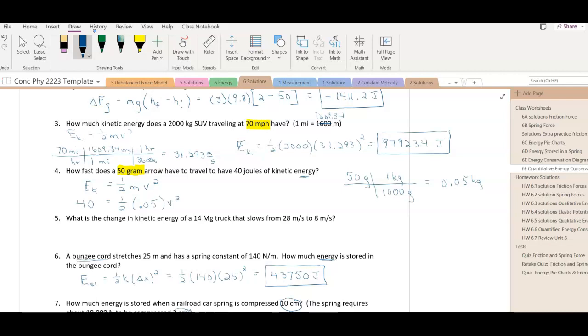And then I'm just going to solve for the velocity. So the velocity would be the square root of 40 divided by 1/2 and divided by 0.05, which would be 40.